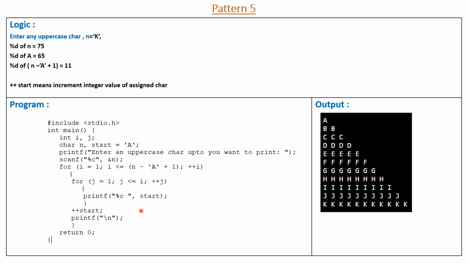In this way, when i equals 11, at that time start will be 75, that is k, and k gets printed 11 times. See the output of this program here, the k gets printed 11 times.